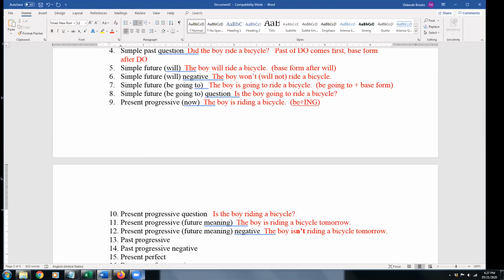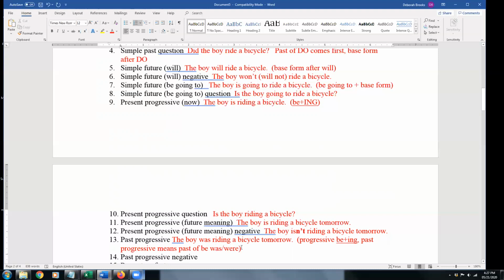In past progressive, so instead of is writing, we have was writing. So progressive, all progressive is be plus ing, and this is past progressive, means past of be.